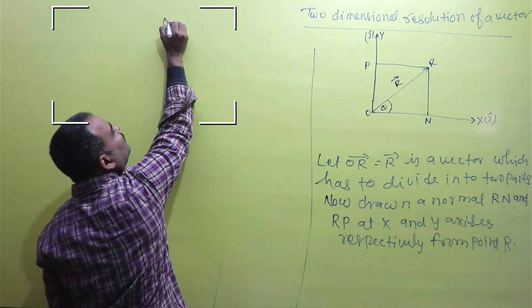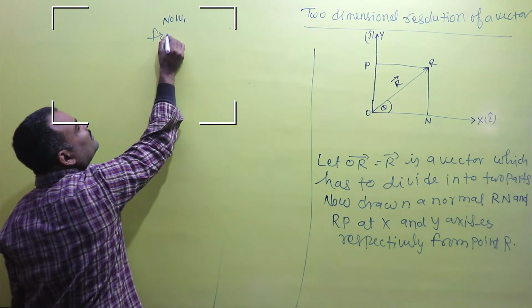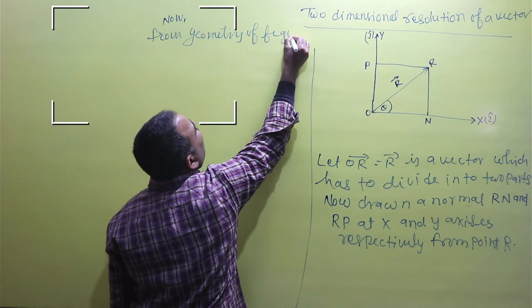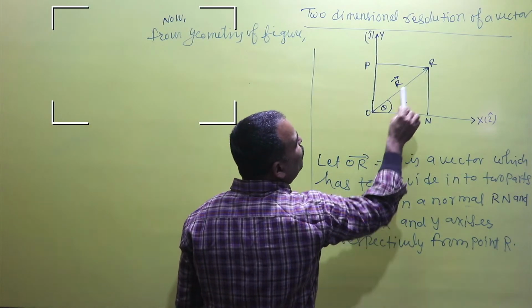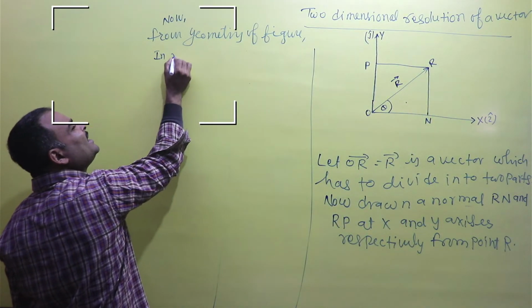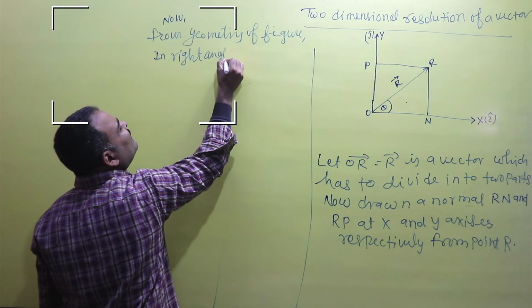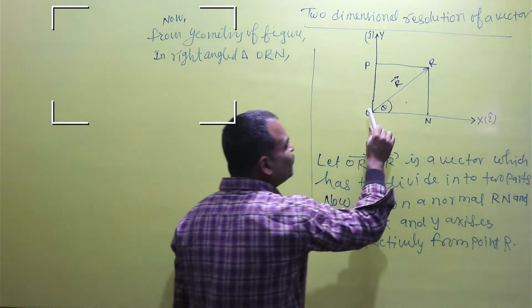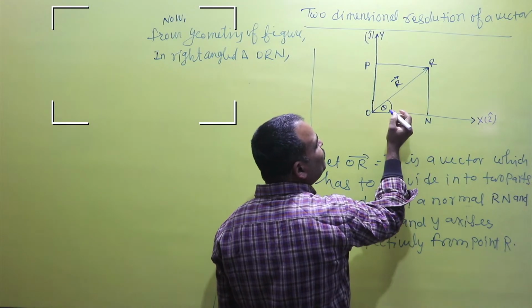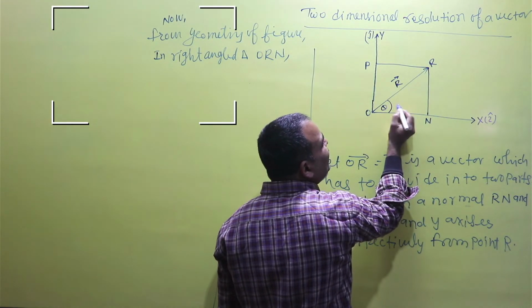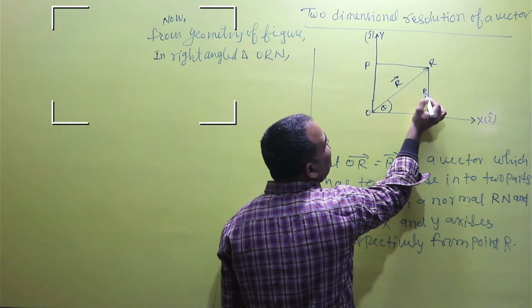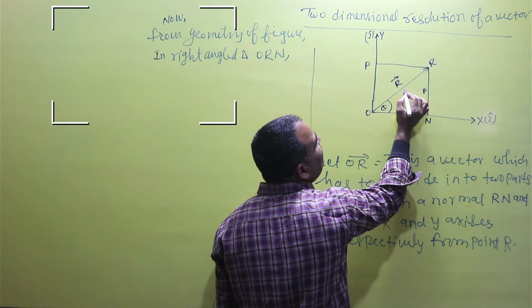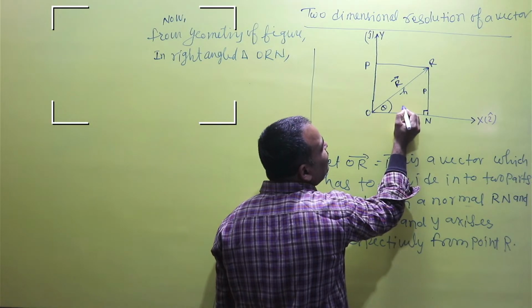And now from geometry of the figure, in right angled triangle ORN, already we know that the front side to the angle is called perpendicular, the side front to the 90-degree is called hypotenuse, and the rest side is called base.